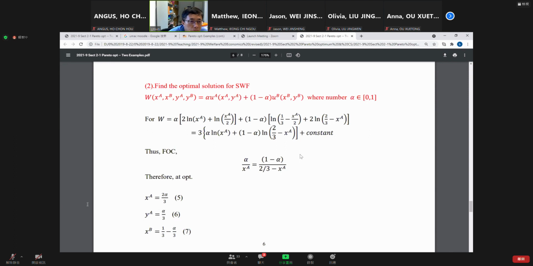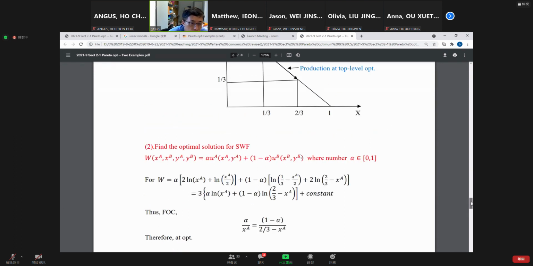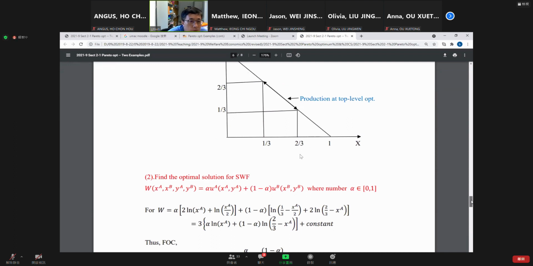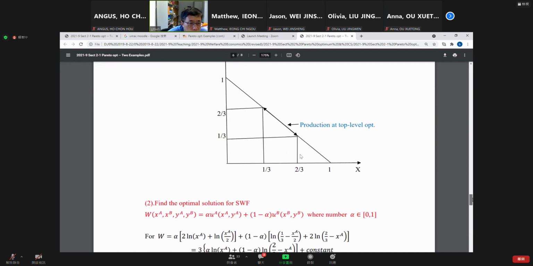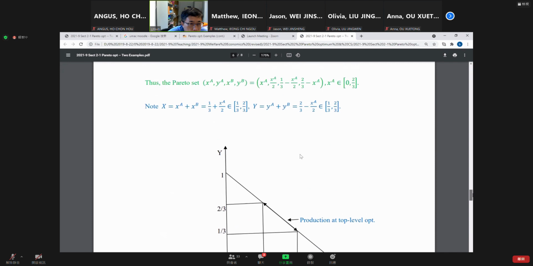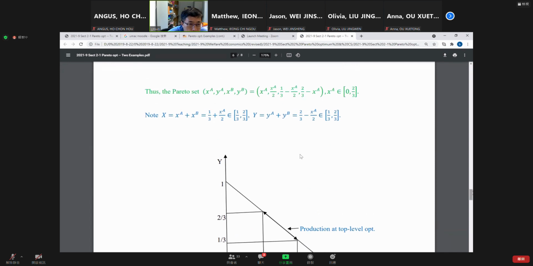And we are making use of part of the result we got already. We formulate everything in terms of XA.